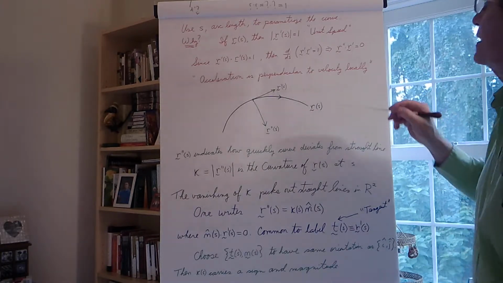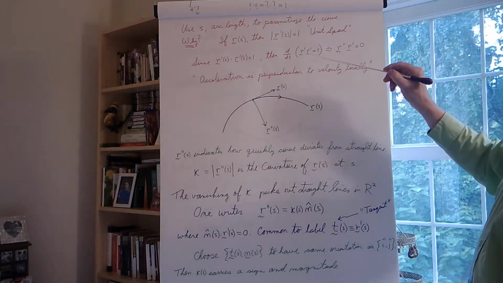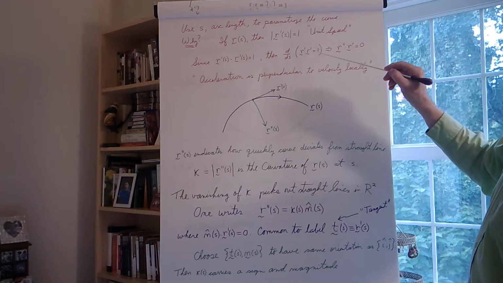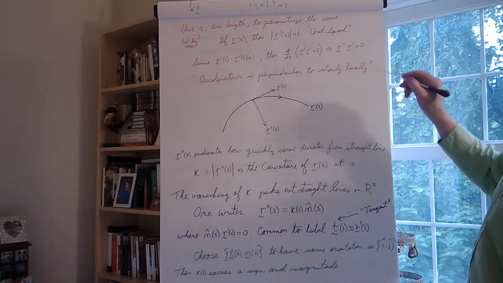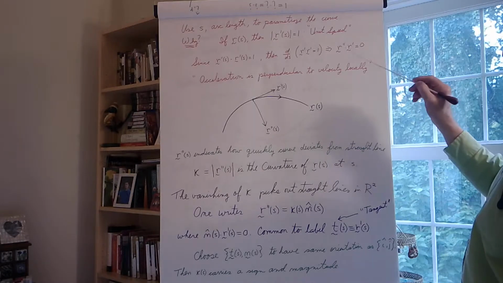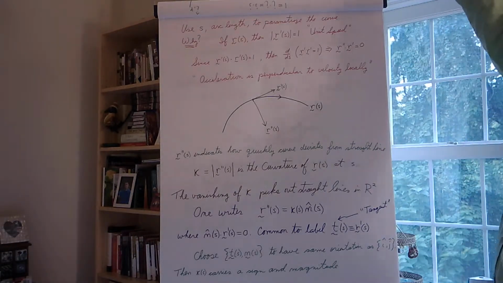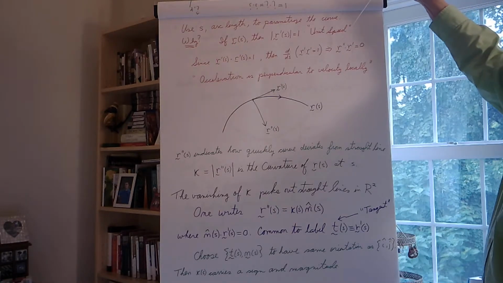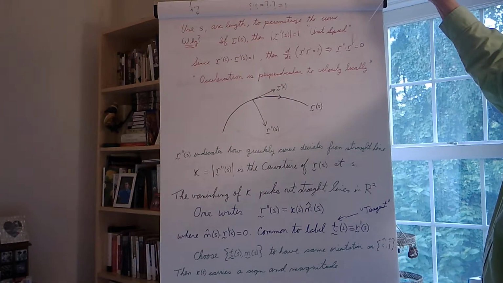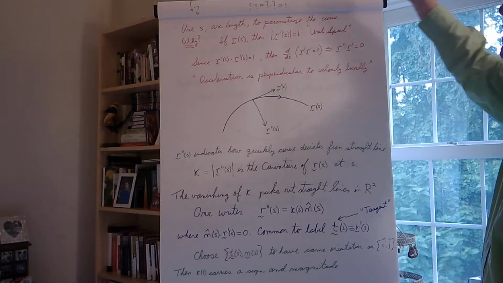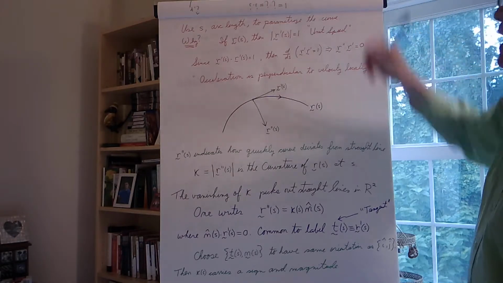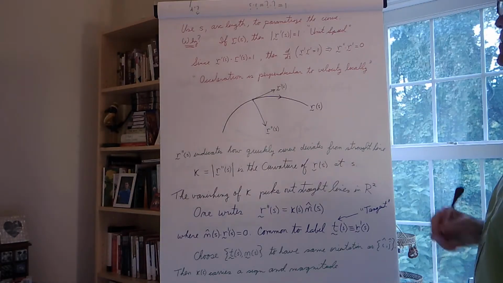On the left-hand side, I get twice r double prime dot r prime, two terms. On the right-hand side, I get 0. So I learn that this dot product is 0. In physics terms, I would be saying that the acceleration is perpendicular to the velocity if I use the arc length as my measure of time.